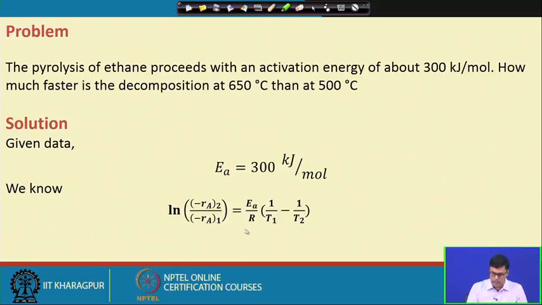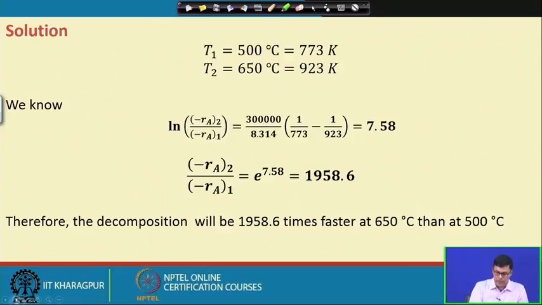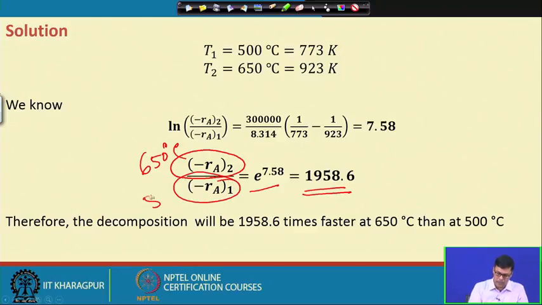So, this is the equation I showed you, how it has come, and then if you put the values, you will get the final equation like this. So, it indicates, as I mentioned, the rate of reaction at 650 degree centigrade and at 500 degree centigrade.